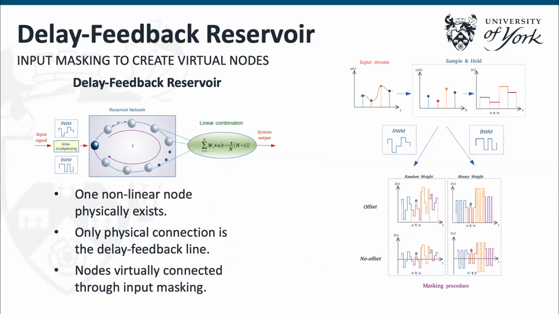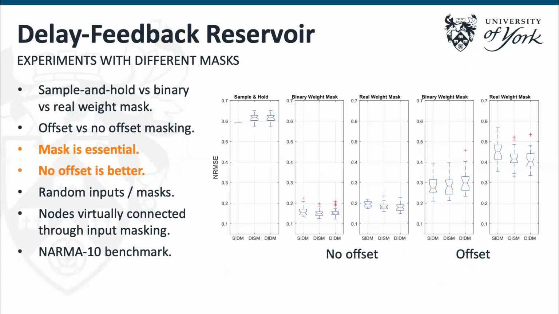So here are some results for the different combinations: binary mask, real mask, offset, no offset. This is for the NARMA 10 benchmark, and this is the normalized mean square error, and you can see that this case has done best. And we have done the control experiment where we randomize the input with a static mask, we randomize the mask with a single input, and we randomize both.